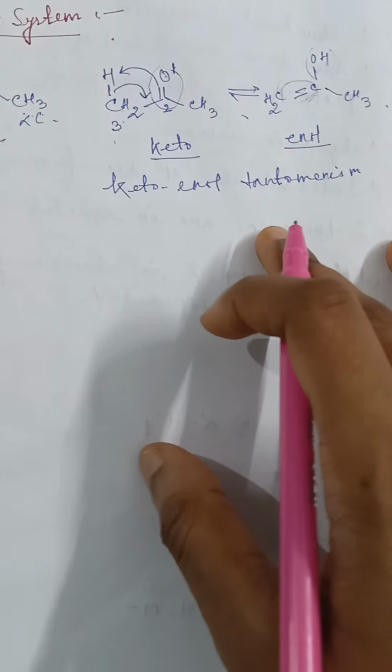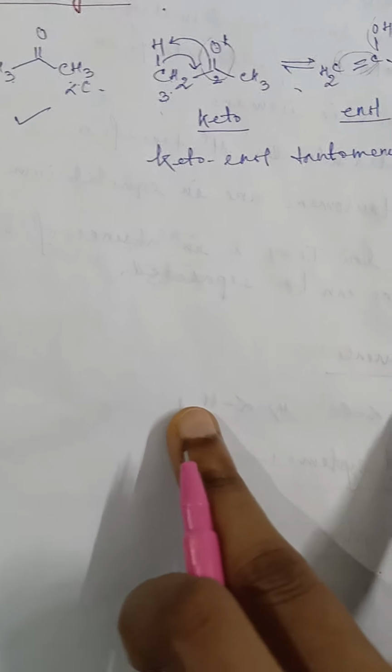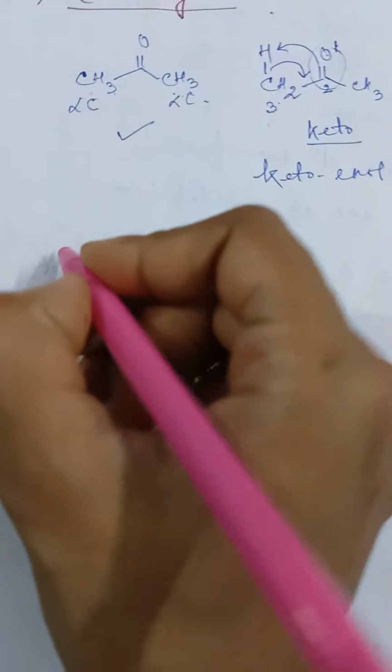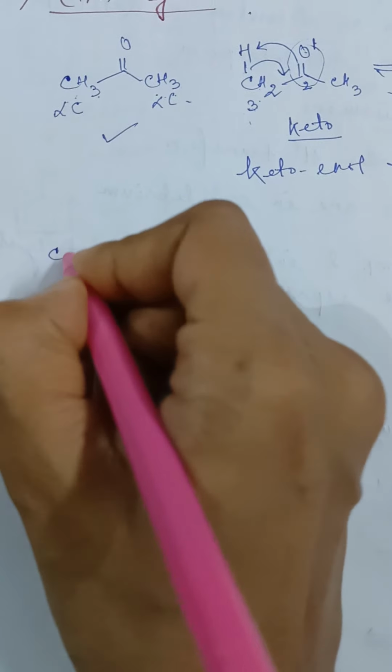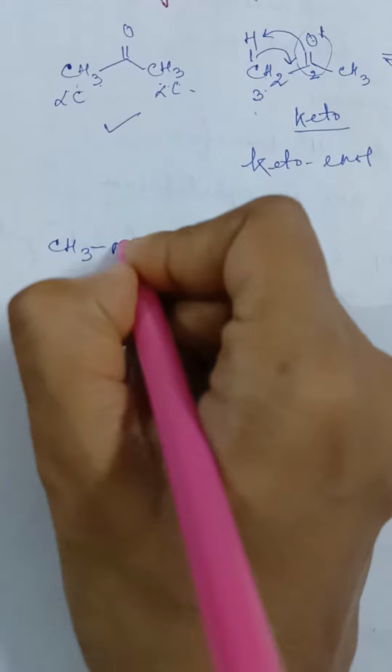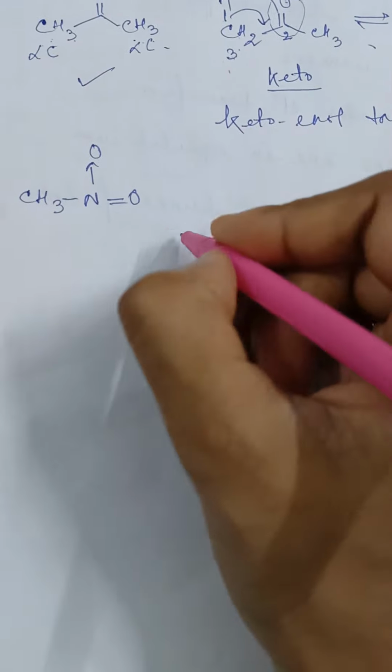Now many students think that in the 1,3 system there is only this keto-enol tautomerism. It is not so. It also has other examples. We'll see some of these examples. Suppose the next one has a nitro group, NO2.